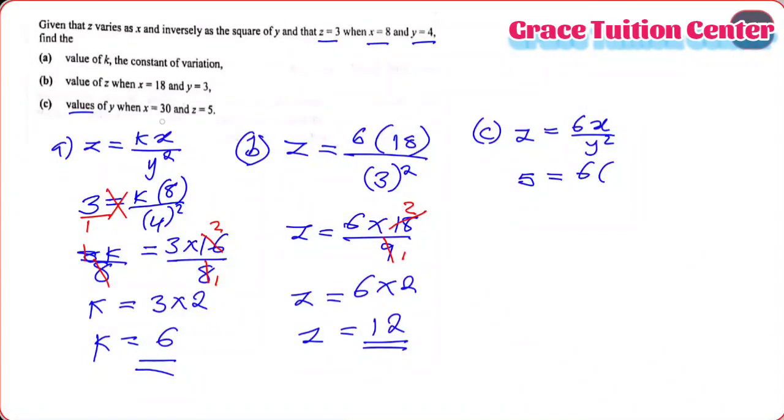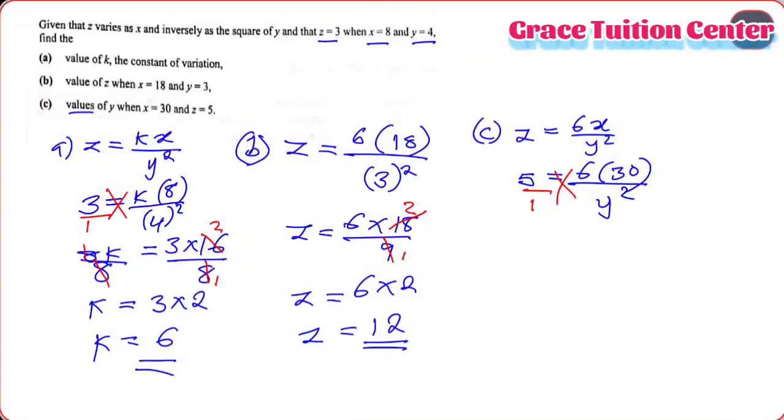Where there's x, we put our 30 there, like that. Everything over y squared, so we say y squared. So what we do here is, now since there's a fraction here, we'll also put a fraction there. So by just saying over 1, then we can cross multiply there.